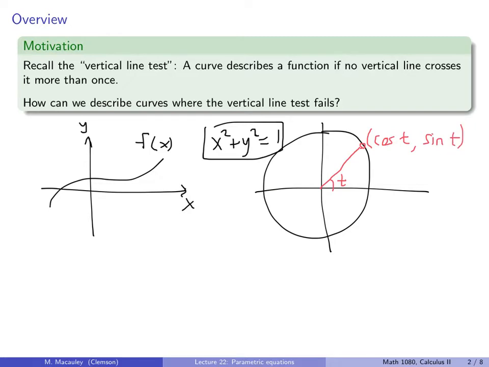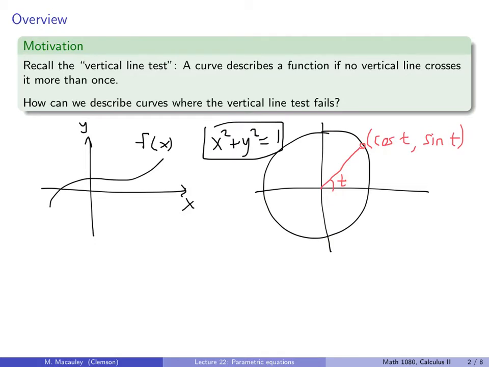So let's suppose now that I want to describe all points in this circle. One way to do that is to say this circle consists of all points that can be written as cosine of t, sine of t for some number t. But I don't need all values of t. I just need to go between 0 and 2 pi.